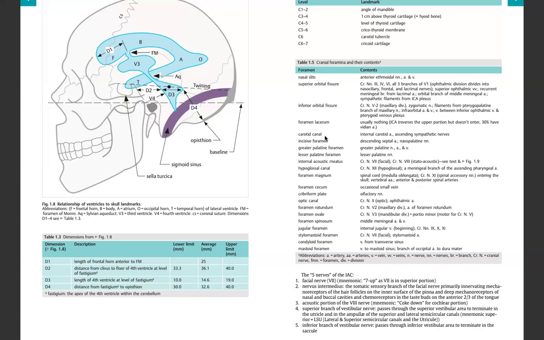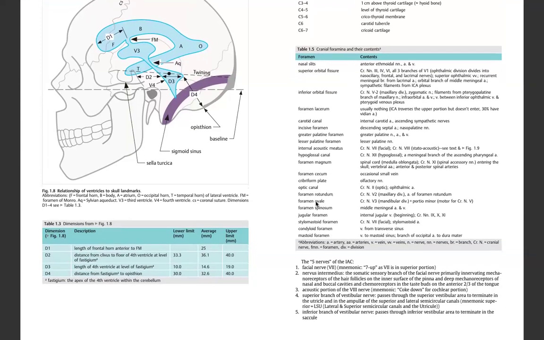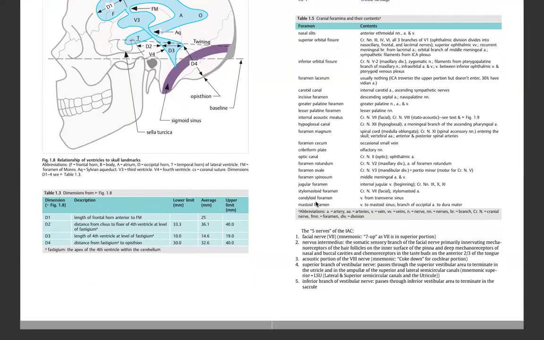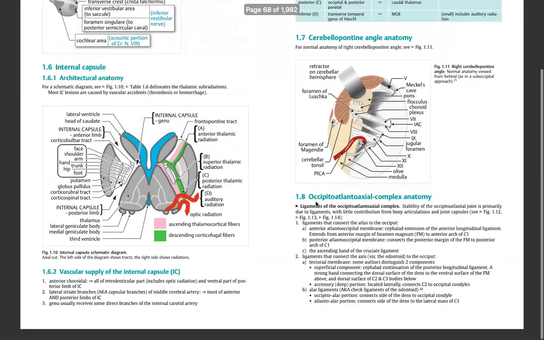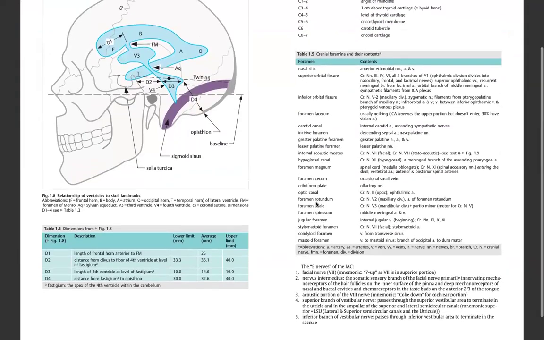Whatever surgery exams you are preparing for, including the MRCS, it's always coming out, even in Part B. It's important to know. I don't think I will be going through everything. All right, so we'll move to the next thing here, which is the internal acoustic canal.